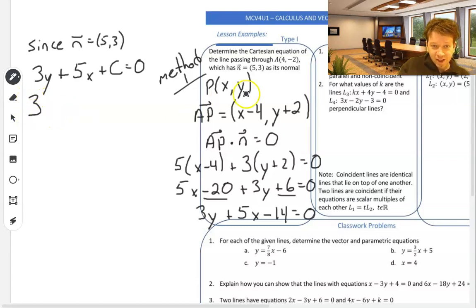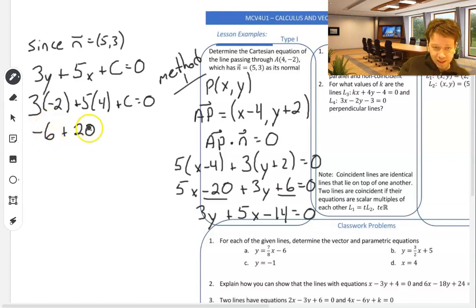So we'll have 3 times our y value, which is -2, plus 5 times our x value, which is 4, plus c equals 0. So now we just need to solve for c. So we get -6 plus 20 plus c equals 0, or c equals -14.